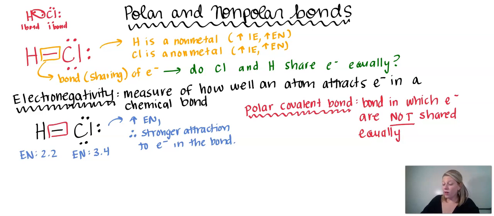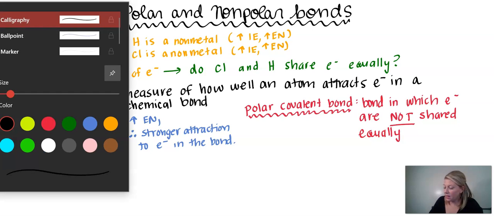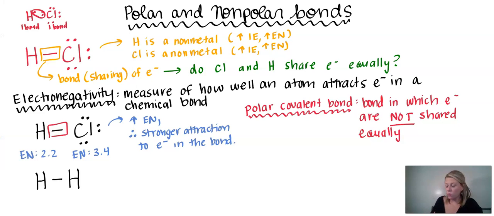I do, however, want to show you an example of a bond in which electrons are shared equally. So let's consider a molecule like H2, okay? So H bonded to another H, again, another example of a diatomic, H2 hydrogen, and this right off the bat should be kind of obvious to you that it's going to be shared equally just because they're identical atoms.